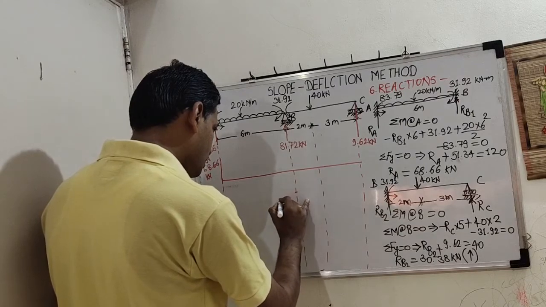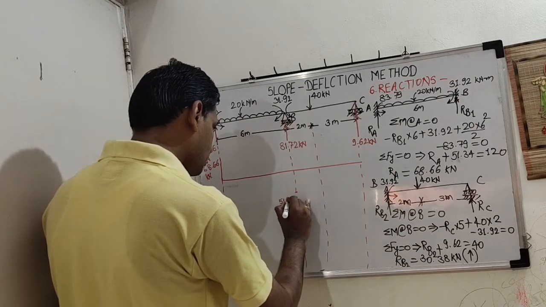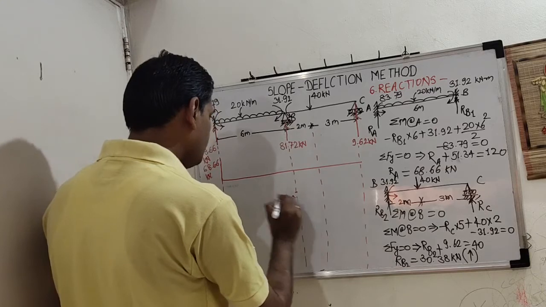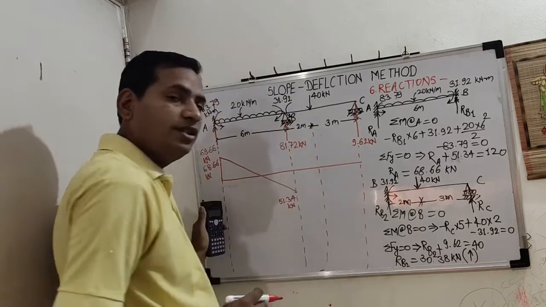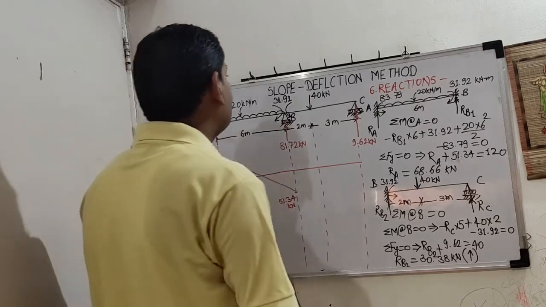Since it is UDL, it is a straight line going down.